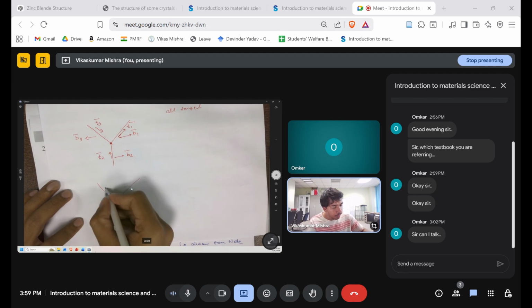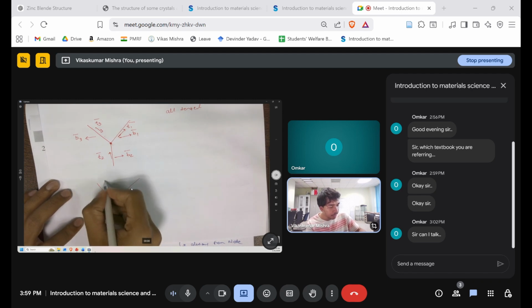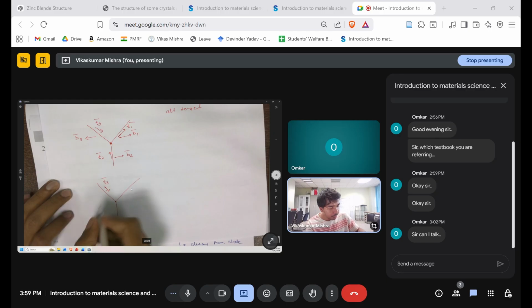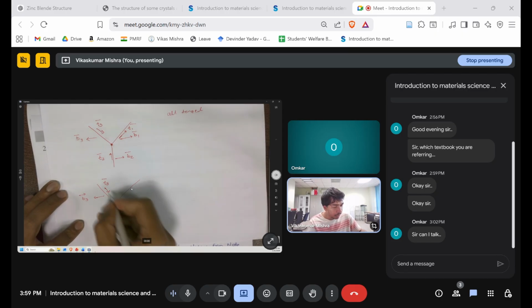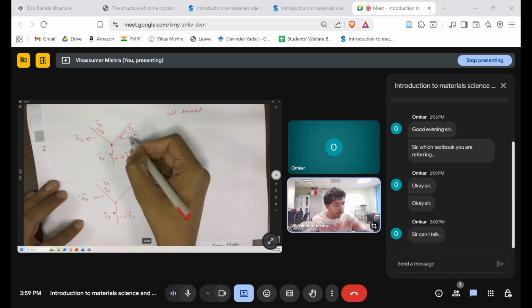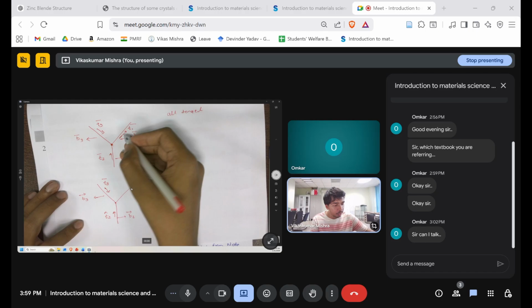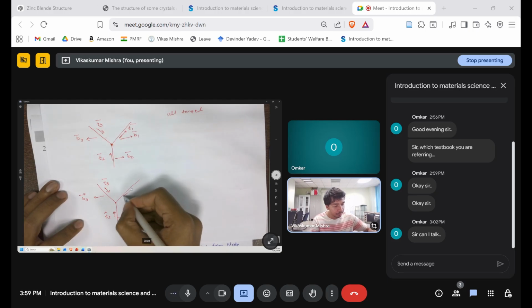T3 we had no problem, T3 will remain as it is, B3 will also remain as it is. T2 is pointing towards, so no problem at all. Here B2 is also no problem. So the problem was T1, so we are changing its direction.